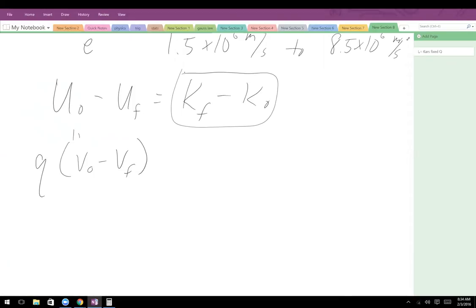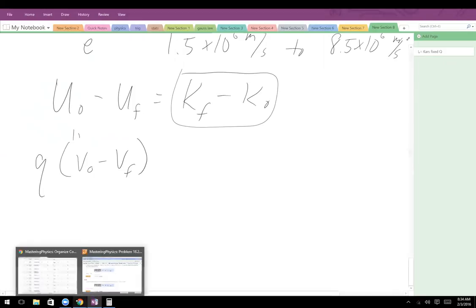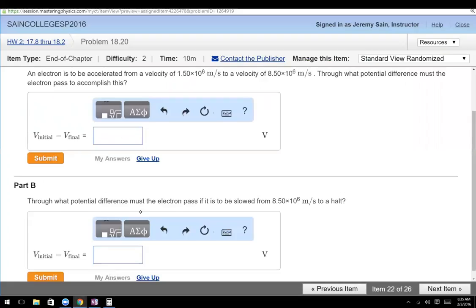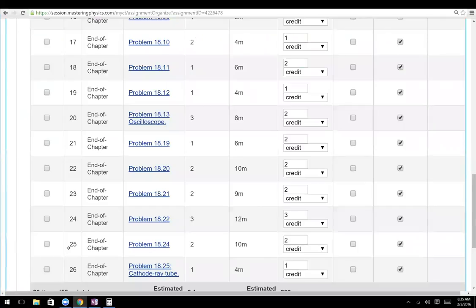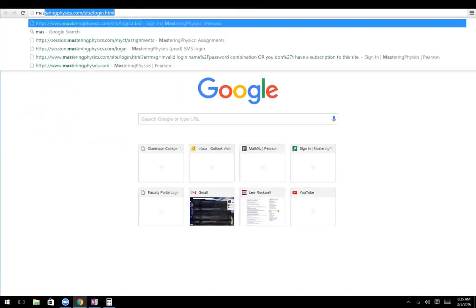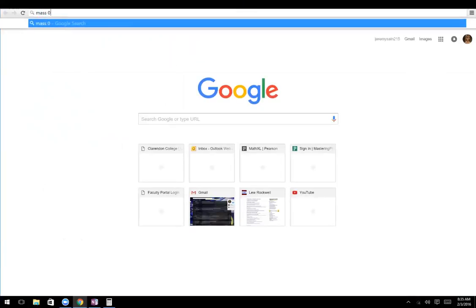So we know the charge of an electron. I don't remember the mass of an electron offhand. So let's ask almighty Google. Yeah, I think it's 9.1 times 10 to the minus 31.